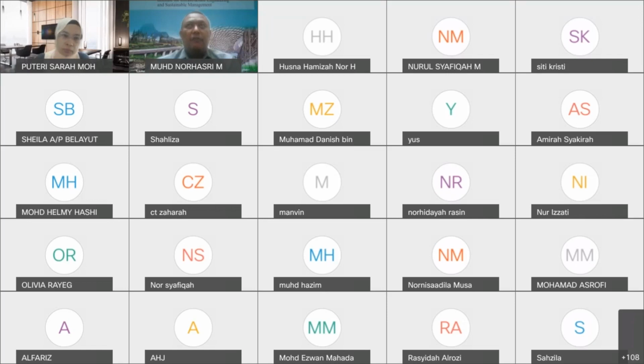But if the data is not there for your pilot study, at least go for review papers. That is what I think you need to do as a research student, either master or PhD. Go for research review papers. That is very good for research students to prepare.